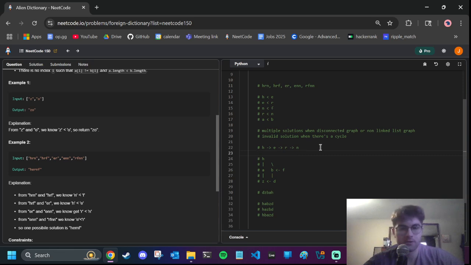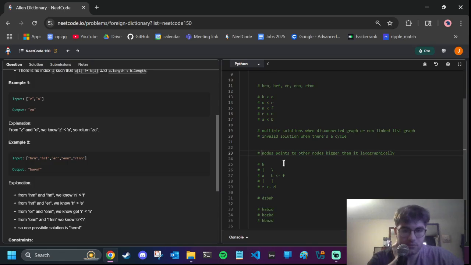Let's assume graph nodes point to other nodes bigger than it lexicographically.